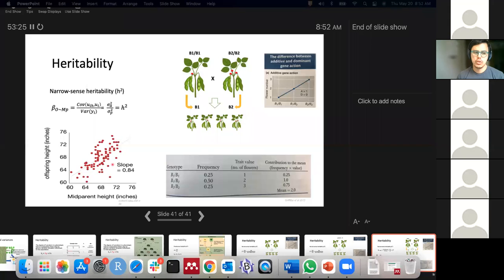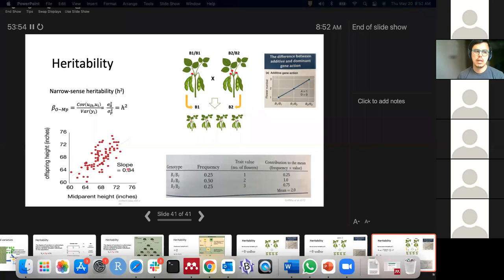For example, if you just have the value of one of the parents, you can also do the linear regression between the offspring and one parent. But in that scenario, the narrow sense heritability is not going to be equal to the slope. It's going to be equal to half of the slope because you are just using the information of one of the parents.